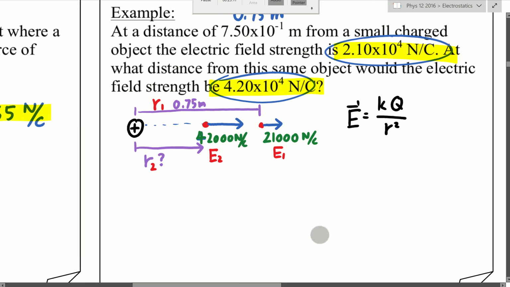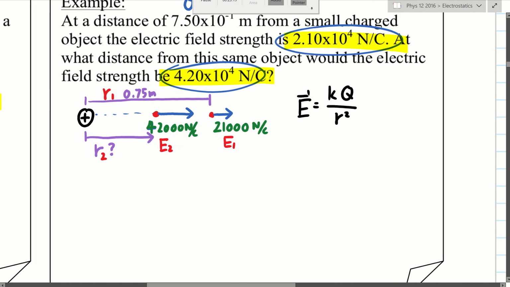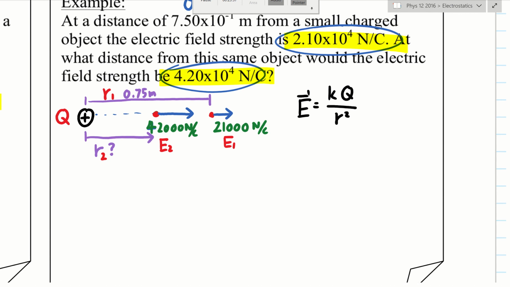Now K is the constant, 9 times 10 to the 9, the Coulomb constant. So I can use location 1 to help me find the charge, which I don't actually know. Then I'll use the charge and do a reverse question to figure out the radius.